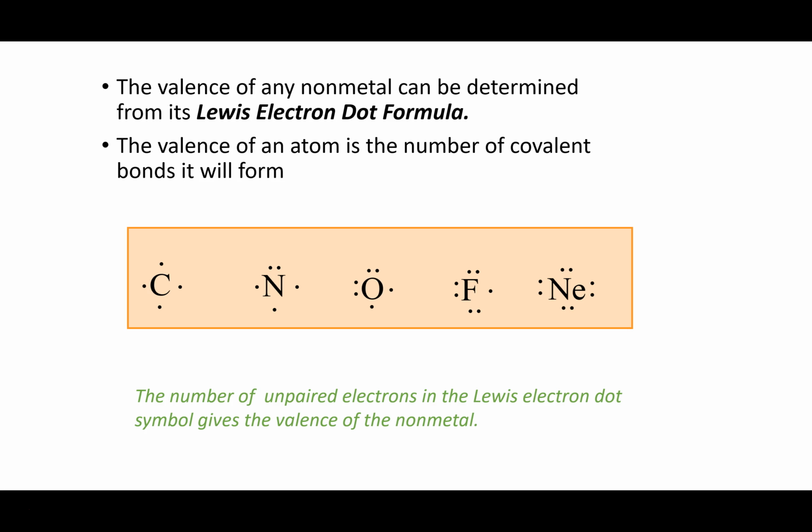But look how little boys play with cars. It's almost like this is a parking lot and a garage, where each atom has 4 garages, and each garage can hold 2 cars.